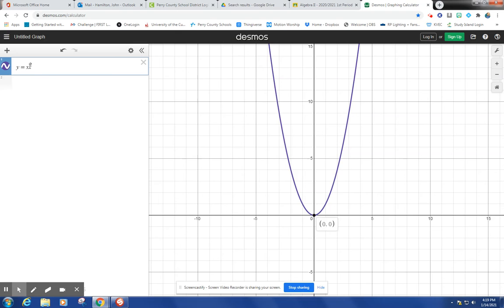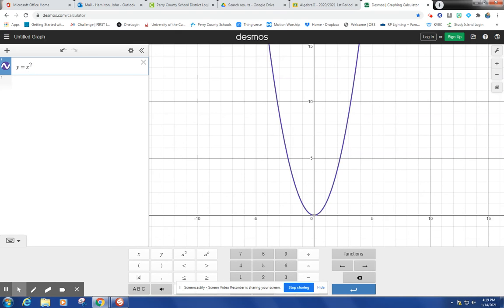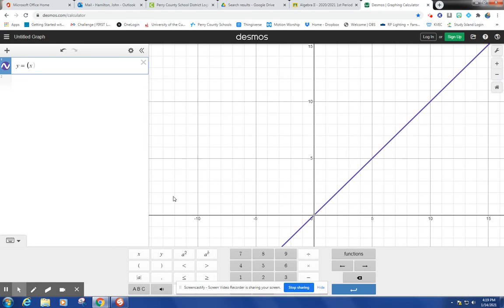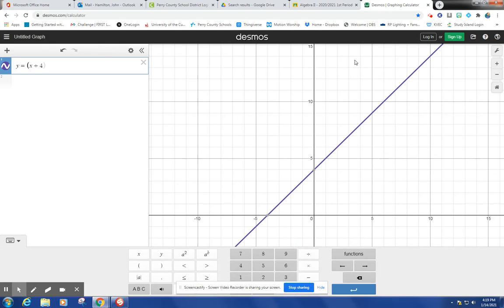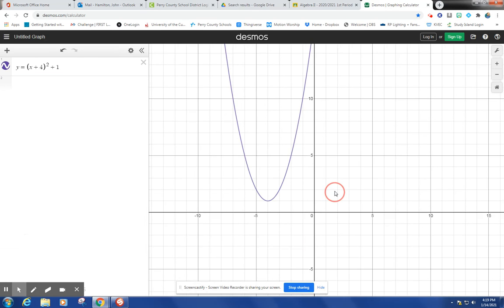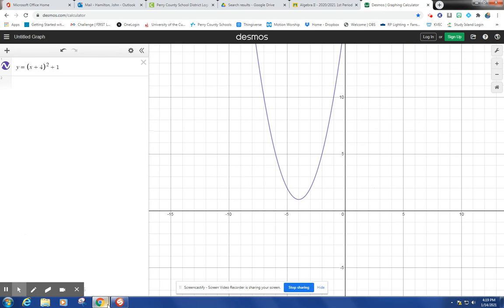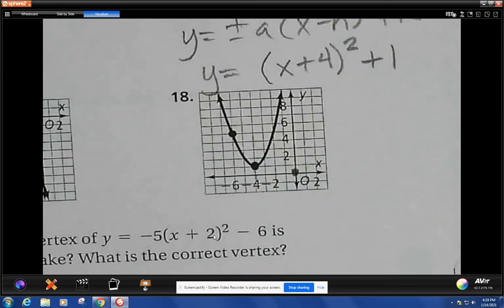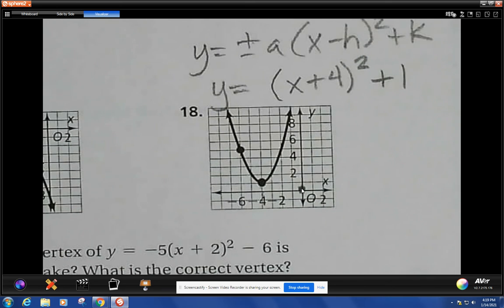Okay, one way that we can make sure our answer is correct is we could also go back to our graph. We could go ahead and put our solution in: (x plus 4) squared plus 1. Here's what our graph looks like, and then here's what our problem looks like. So you notice those look exactly the same.